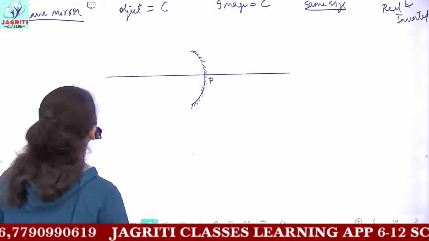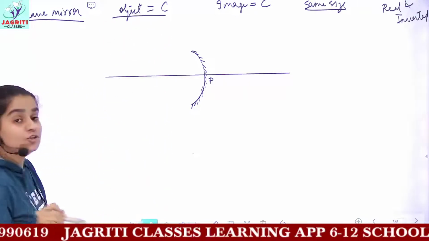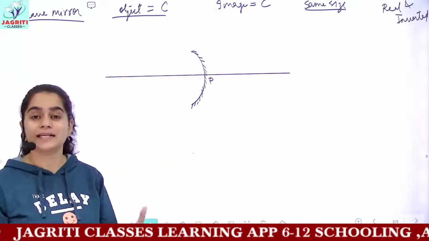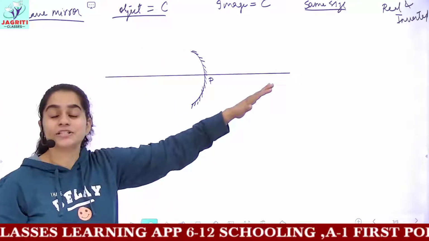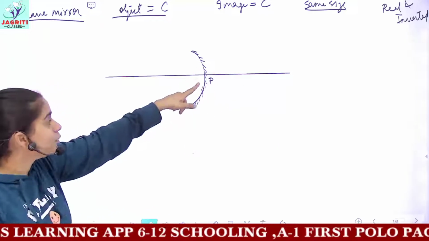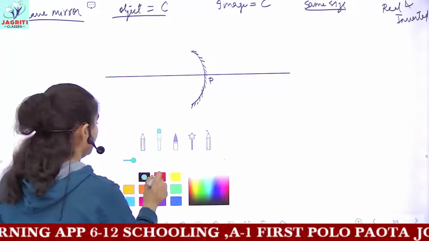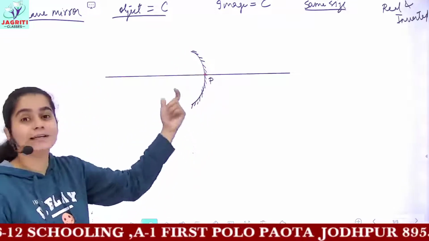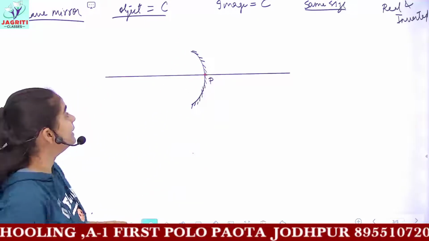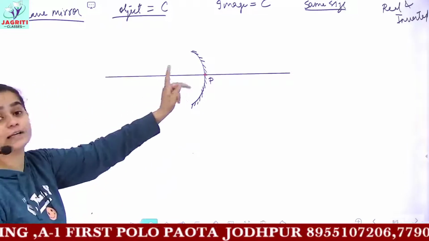Now next, you have to place the object at C. So I told you, whenever you are starting with the diagram, make the mirror, draw a straight line which is your principal axis, and mark the point pole here, okay? Pole is this point on the mirror that is present in the middle of the mirror. And then you have to mark a point that is the center of curvature.